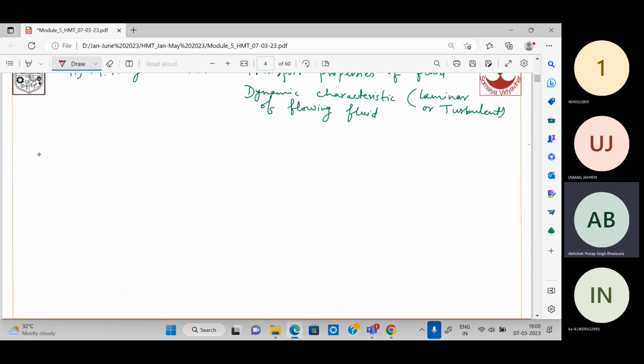So the third one is mass transfer by change of phase, with simultaneous action of convection and diffusion.